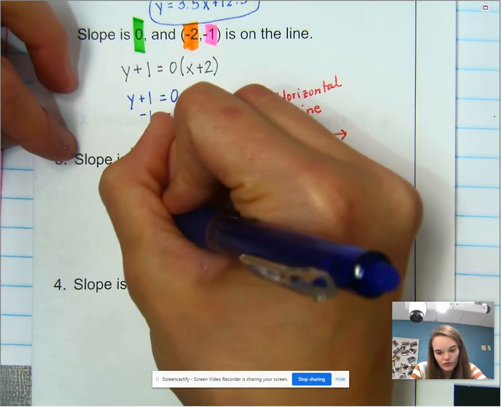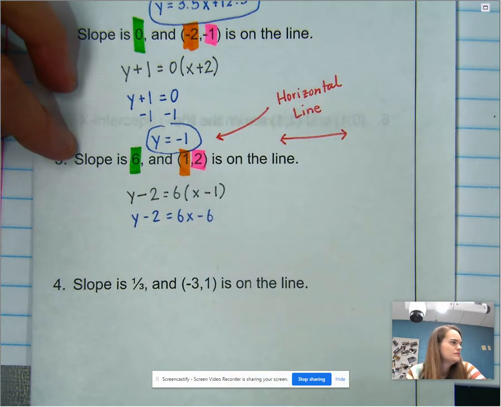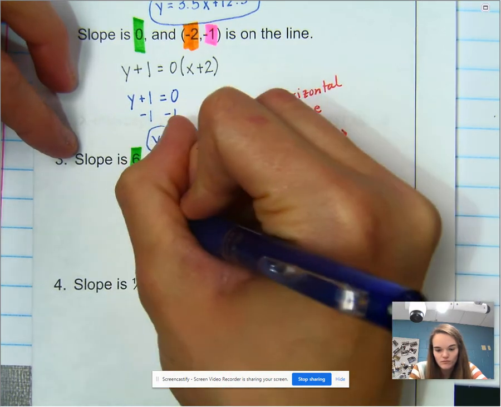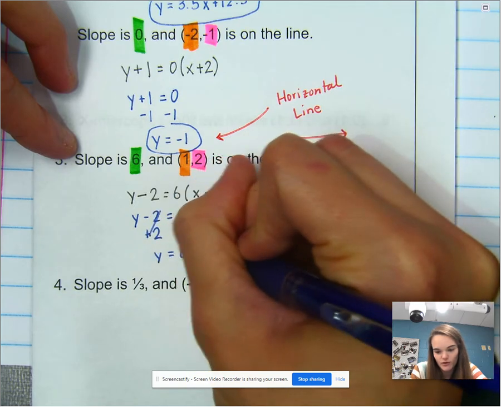Y minus 2 equals 6x minus 6. Add 2. Y equals 6x minus 4.